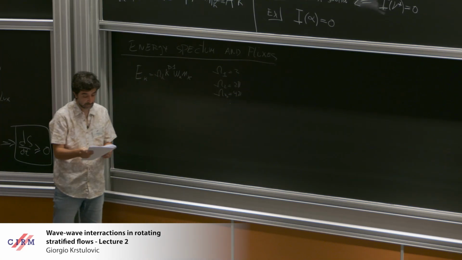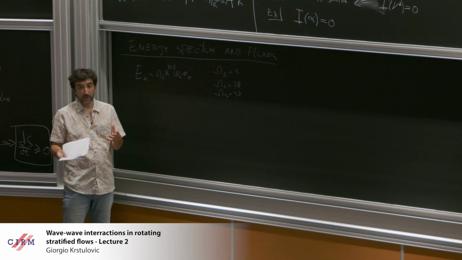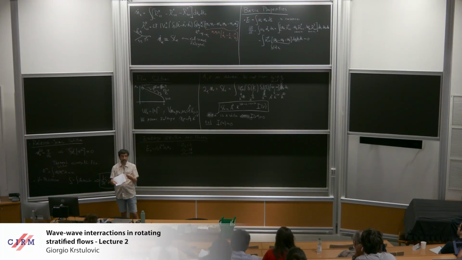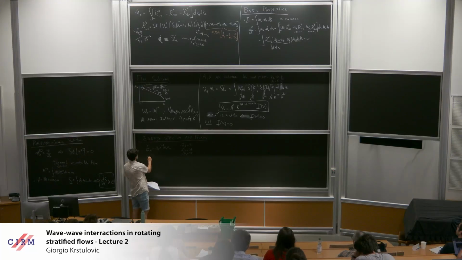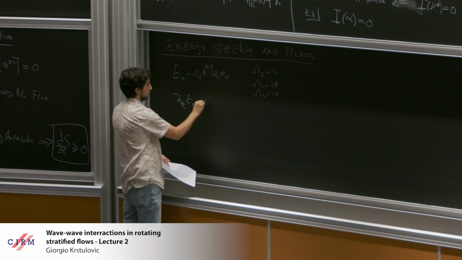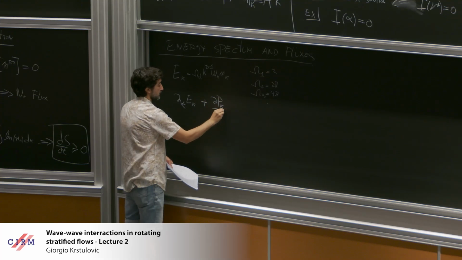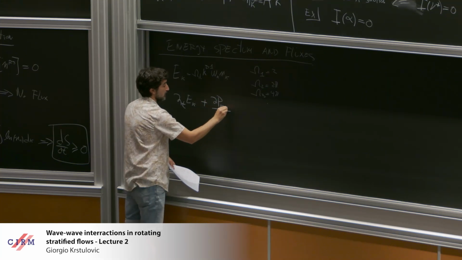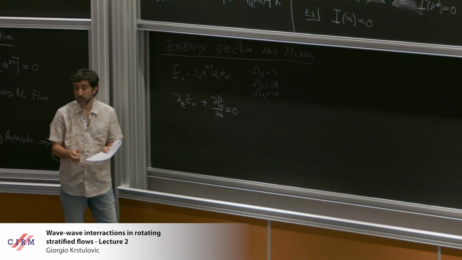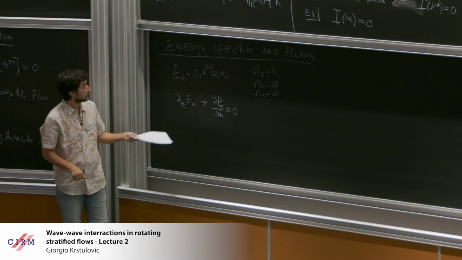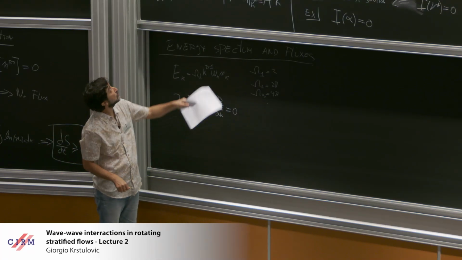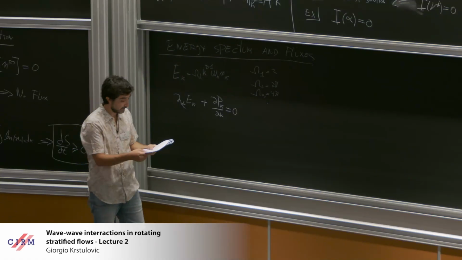And if you want to have flux, you would like to write the kinetic equation as a conservative equation. So you want to write dt of e_k is plus d of P_k over dk equal to 0. This is a trivial game. You know it from this T_k.